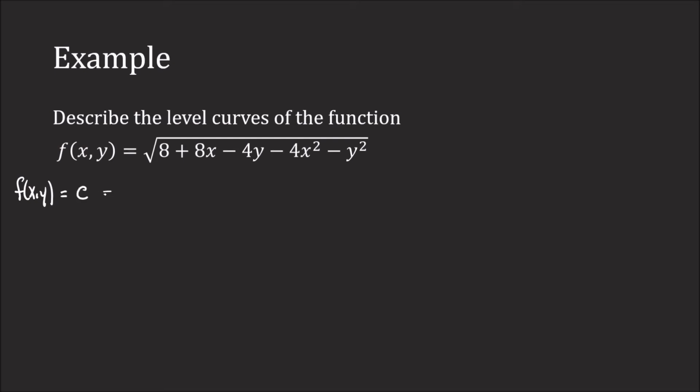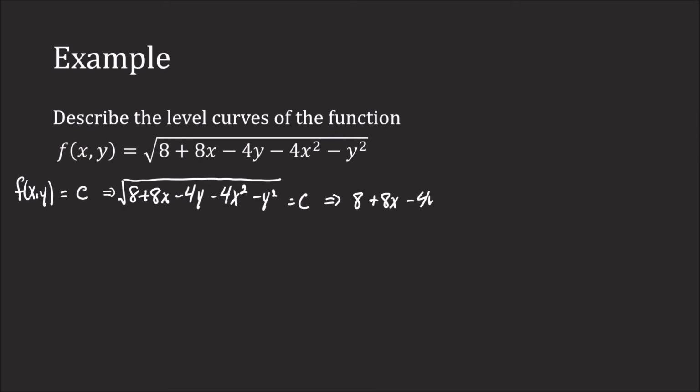So doing this would mean that the square root of 8 plus 8x minus 4y minus 4x squared minus y squared is equal to c. Right? And this would mean that 8 plus 8x minus 4y minus 4x squared minus y squared is equal to c squared.